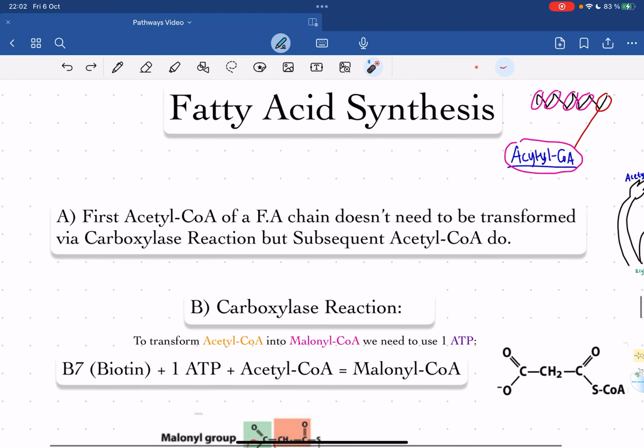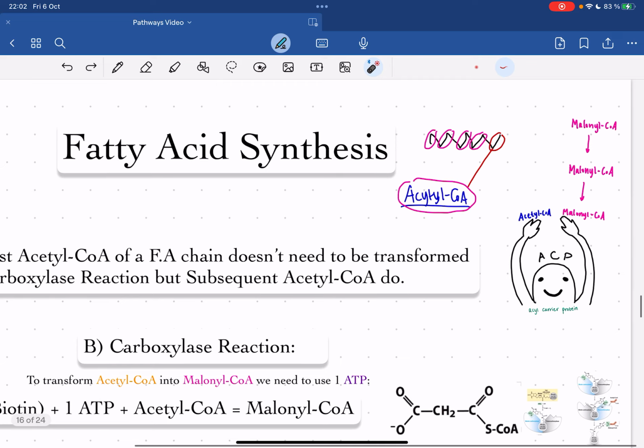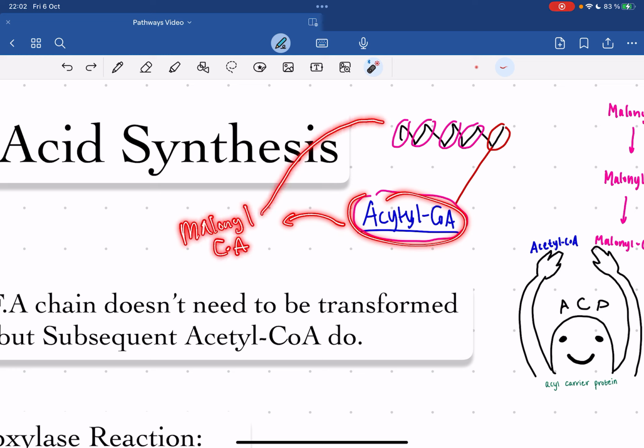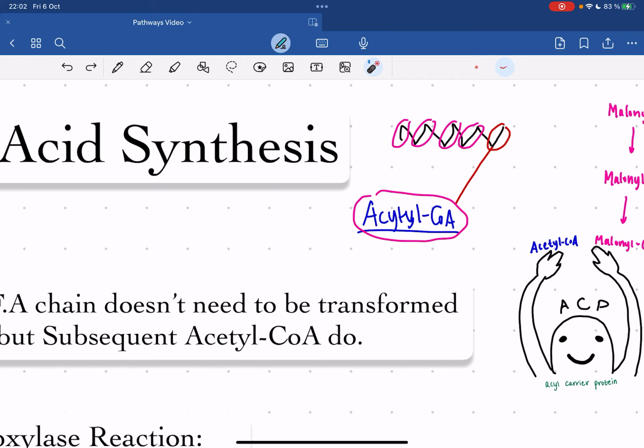So the first rule that you have to know is that the first acetyl-CoA of a fatty acid chain doesn't need to be transformed via carboxylase reaction. But every subsequent acetyl-CoA does. So every other carbon atom pair that we have, we do use acetyl-CoA, however, we have to transform it into malonyl-CoA first in order for it to then be added into this chain.